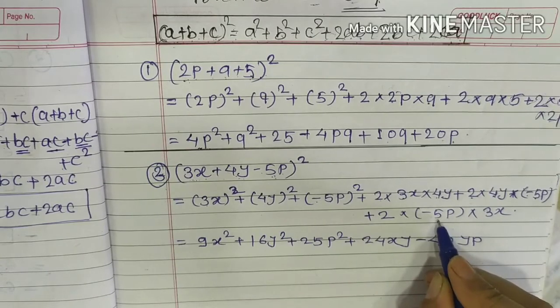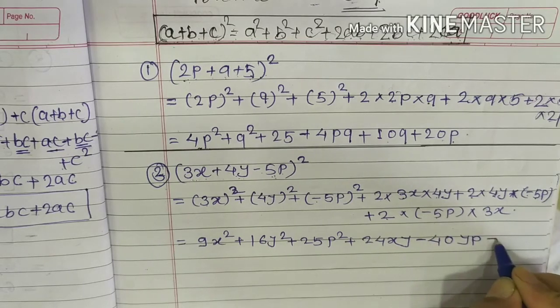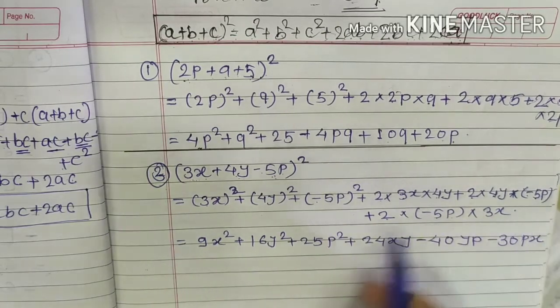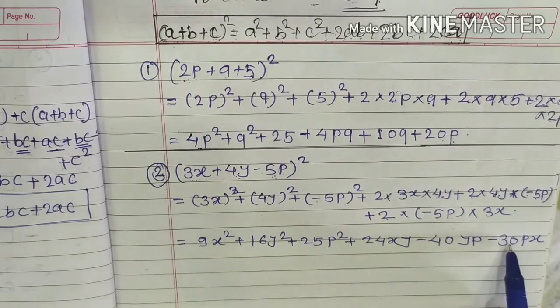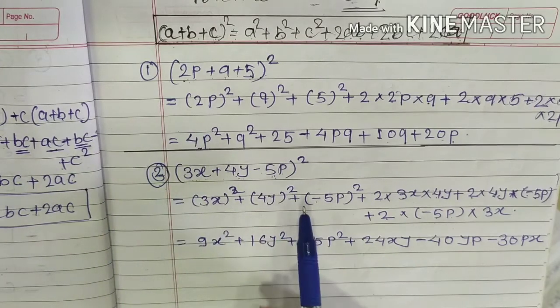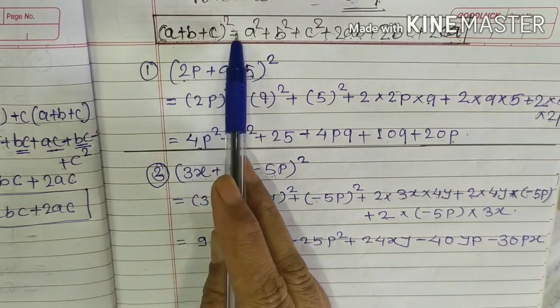Here is also a minus sign, hence 2 into 5, 10, 10 into 3, 30, minus 30px. So see the expansion of this given example by using the formula (a + b + c) whole square.